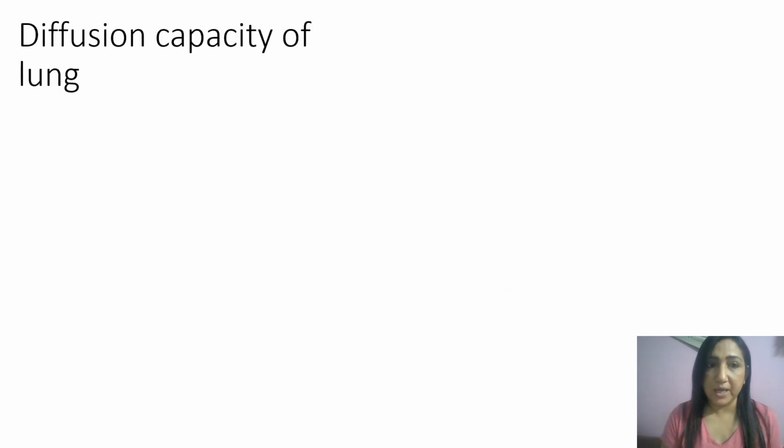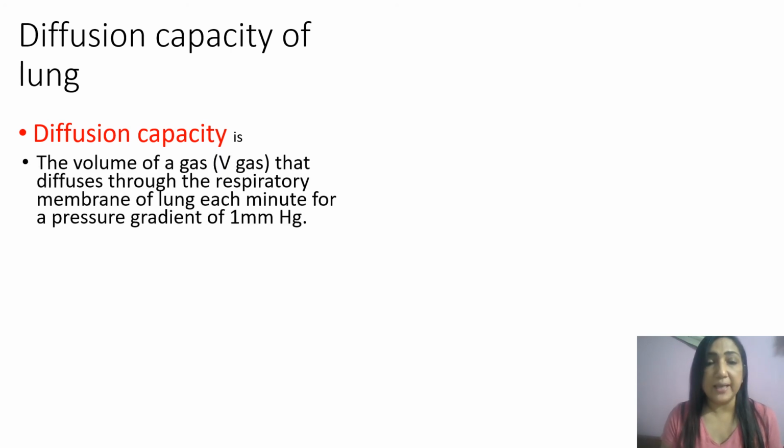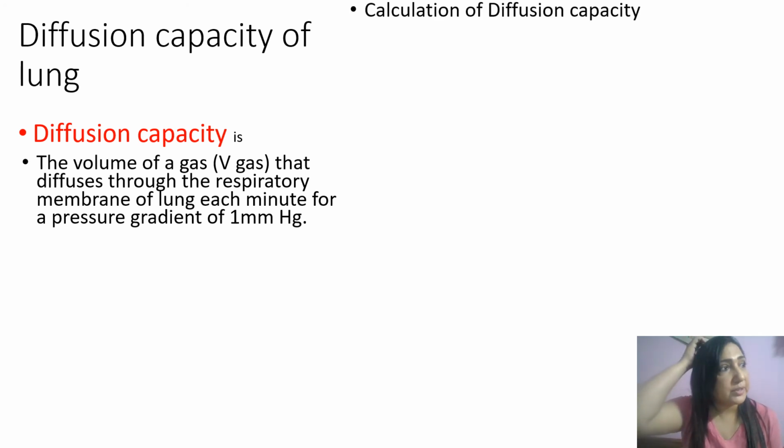We have come to the last part of this pulmonary gas section, that is the diffusion capacity of the lung. What is that? This is the volume of gas that diffuses through the respiratory membrane of the lung each minute for a pressure gradient of 1 millimeter of Hg. Now, calculating the diffusion capacity is very tough for carbon dioxide because carbon dioxide is highly soluble in water.